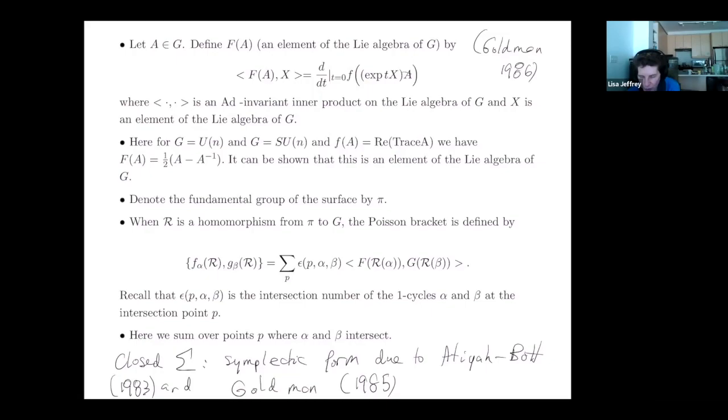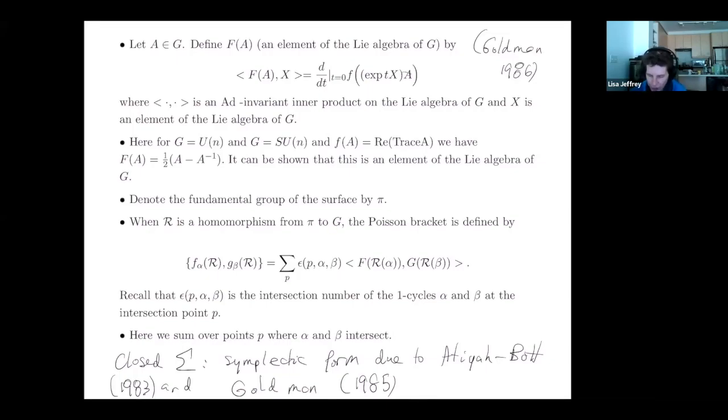Okay, so at this point, just for an example, this capital F takes values in the Lie algebra of G, and in the case where little f is the real part of the trace, the capital F is A minus A inverse, and this does take values in the Lie algebra of G. So still looking at R, a homomorphism from pi to G, the Poisson bracket.